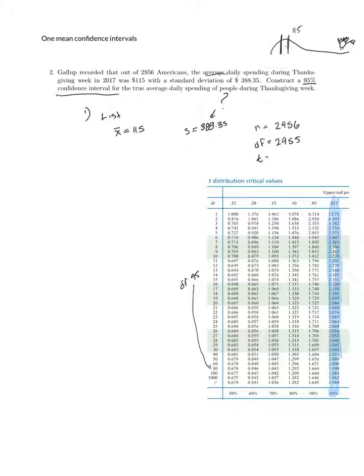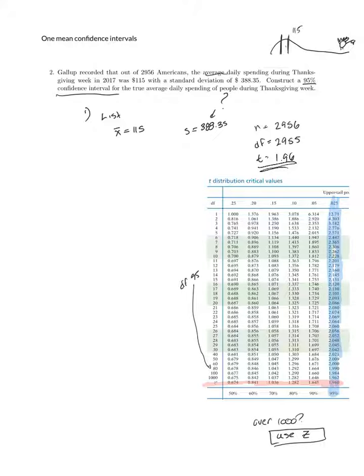And so in our class from here on out, if we have degrees of freedom over 1,000, we'll use the last row, which is actually the z-table. So coming down to that last row, I'll trace this over. And notice, sure enough, when I have degrees of freedom that large, I'm getting a t-score of 1.96, which is what we talked about before. That is, for large degrees of freedom, the t-distribution is actually just the normal distribution.